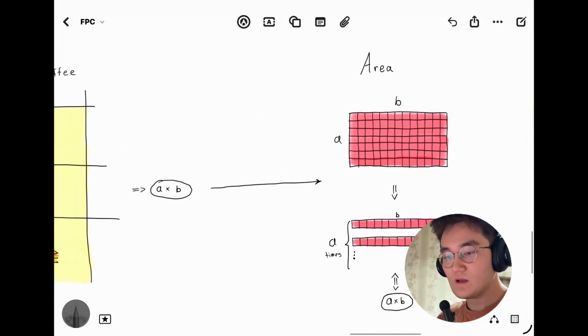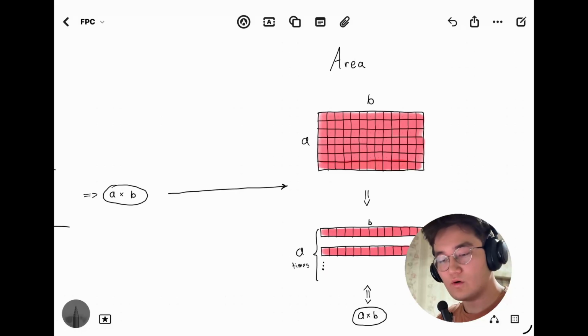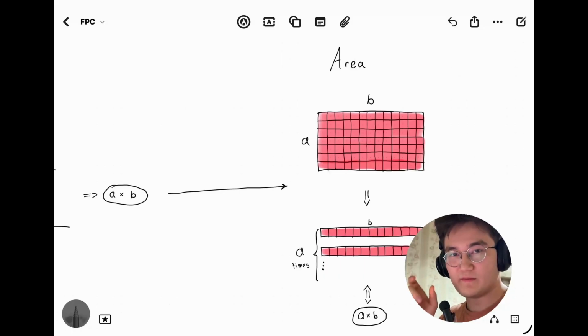And a quick reminder for those who might have forgotten why we multiply one side by the other: if we have a rectangle with a width b, for example, and then we repeat it 8 times, then we get the entire space, the total space that rectangle covers in 2-dimensional space.